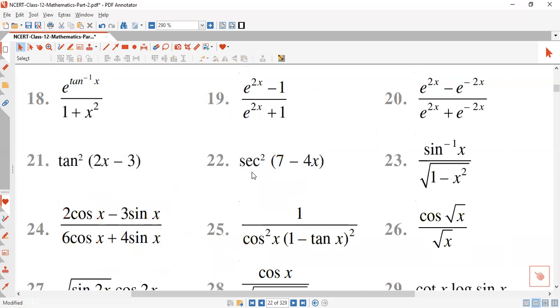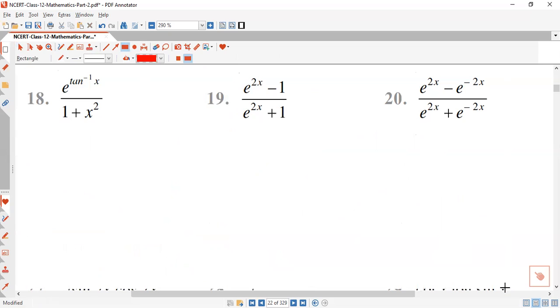Now, question number 20. E raised to 2x minus e raised to minus 2x over e raised to 2x plus e raised to minus 2x. Already it is given the right way. In these questions, we want to do the integration.